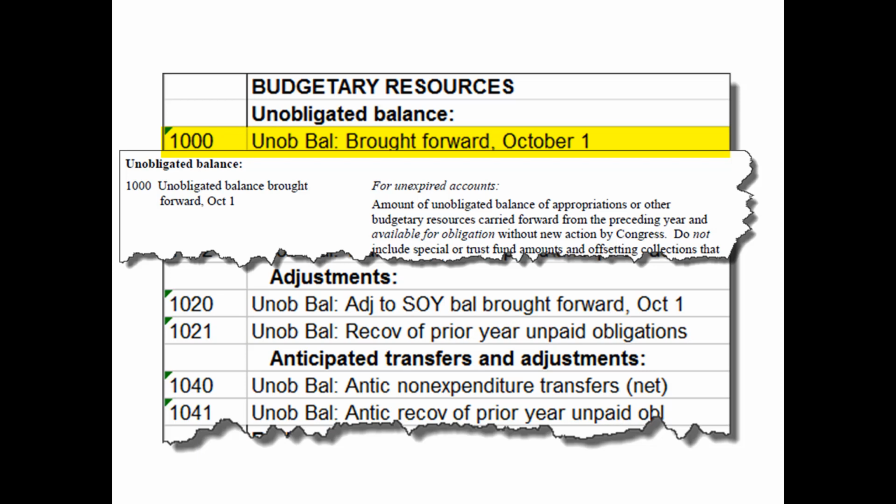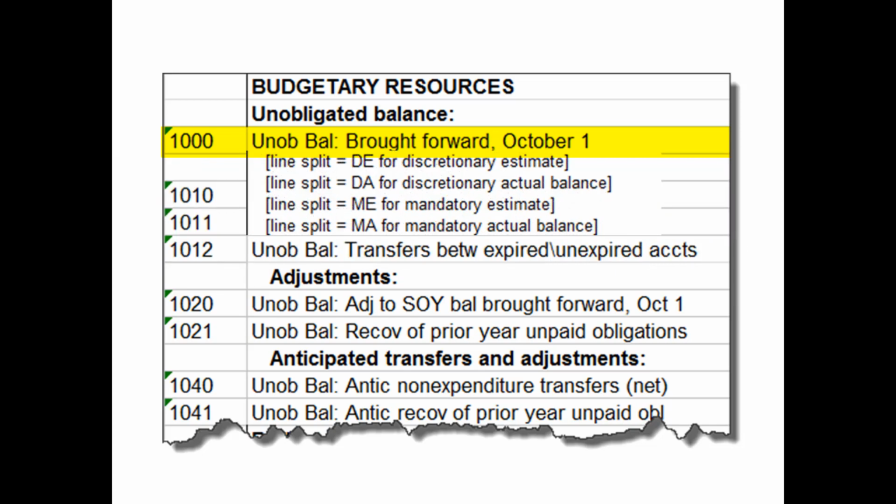As stated previously, this line is used only in multi- and no-year accounts to reflect amounts carried forward from the previous year, and you would never see this line on an apportionment for an annual TAFS. Depending on the timing of the apportionment, this amount may be estimated or actual, discretionary or mandatory, and this is designated by the line splits discussed earlier.